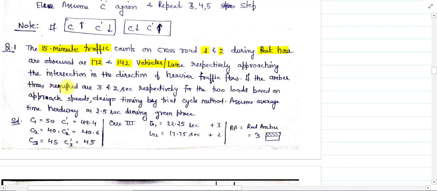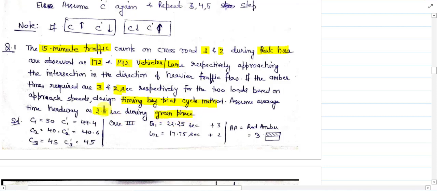If the amber times required are 3 seconds and 2 seconds respectively for the two roads based on approach speed, design timing by trial cycle method, assume average time headway is 2.5 seconds during green phase.